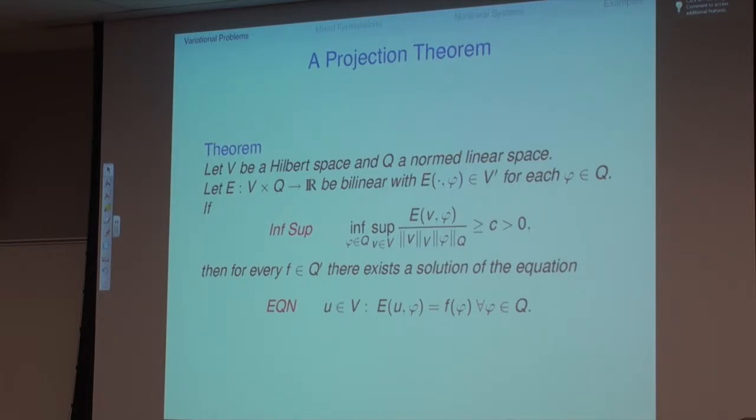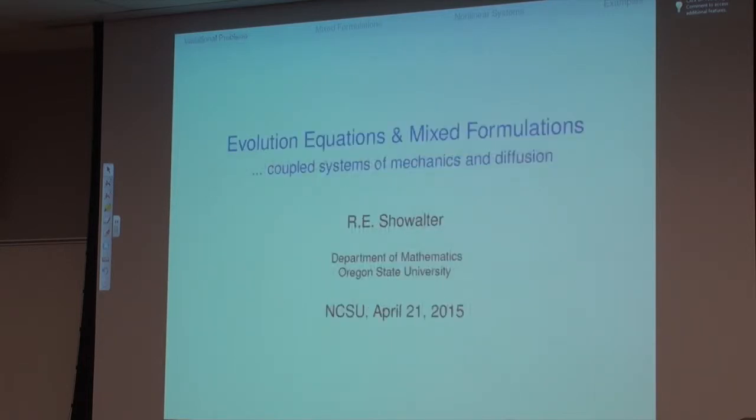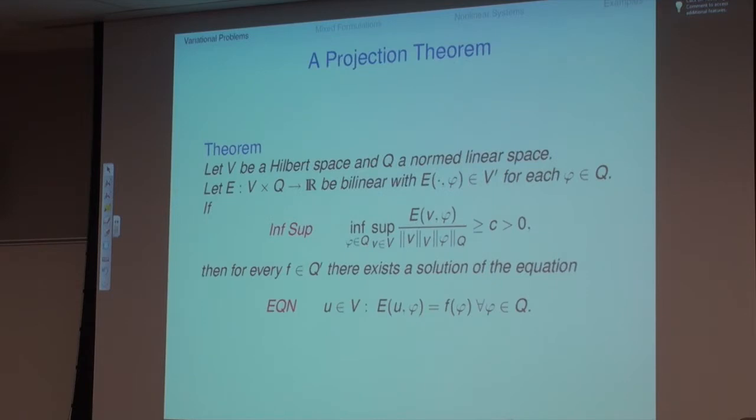The theorem is this, given that background. If the inf-sup condition holds, by the way, what does this say? Reading it from the inside out, sup over V means I'm computing the norm of the dual E prime at phi.